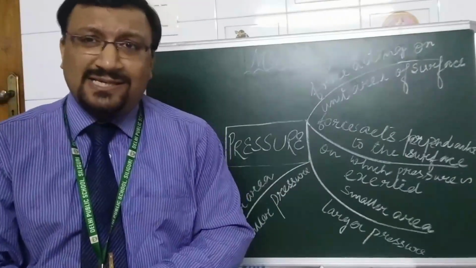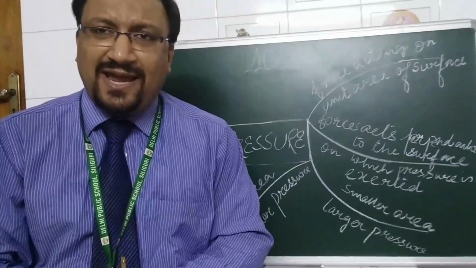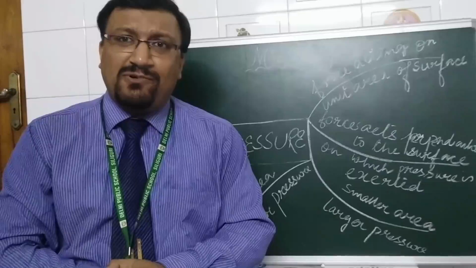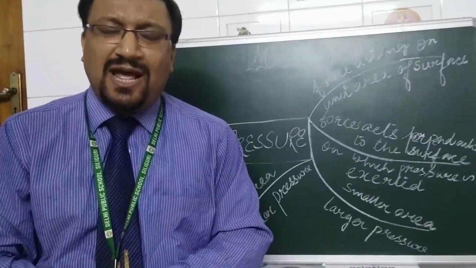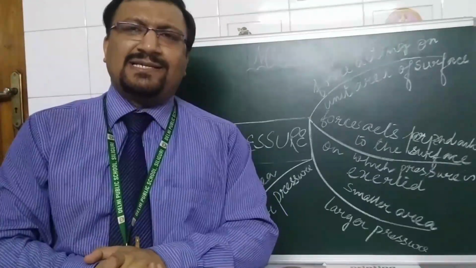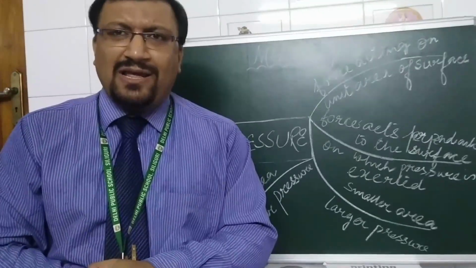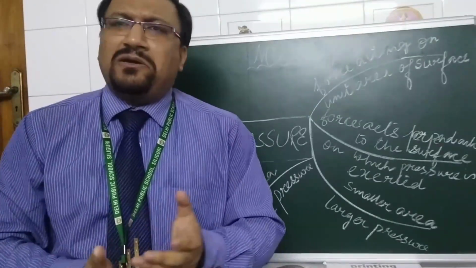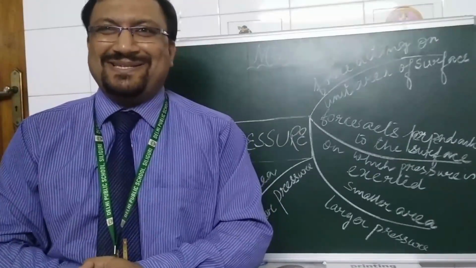What do I mean by this? I mean that pressure and area are inversely proportional, and we also have found that pressure and force are directly proportional. When the area is increased, the pressure decreases, while when the area decreases, the pressure increases.